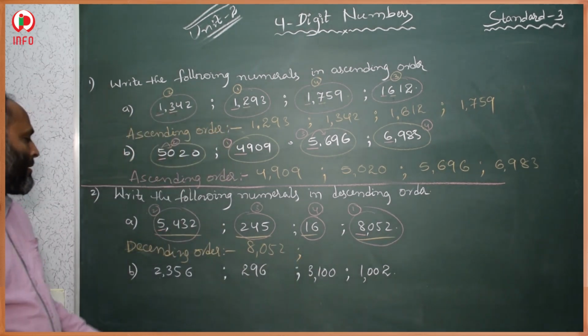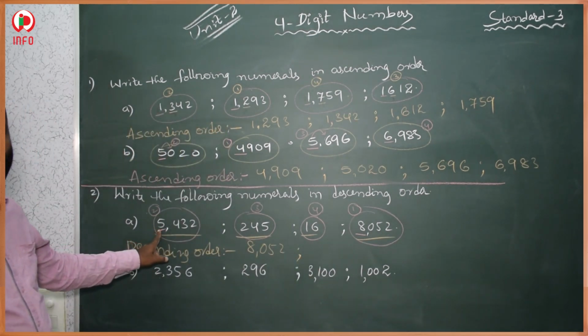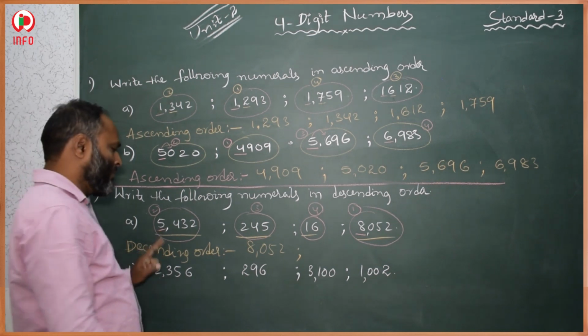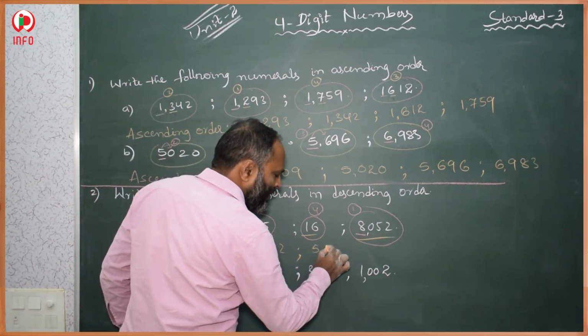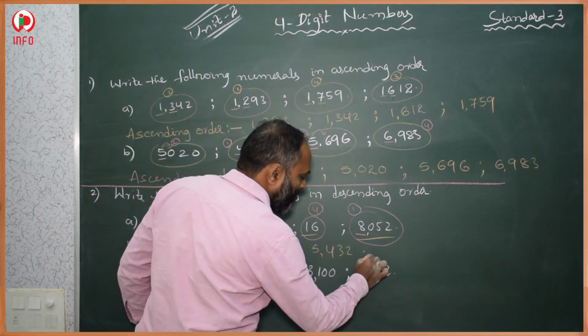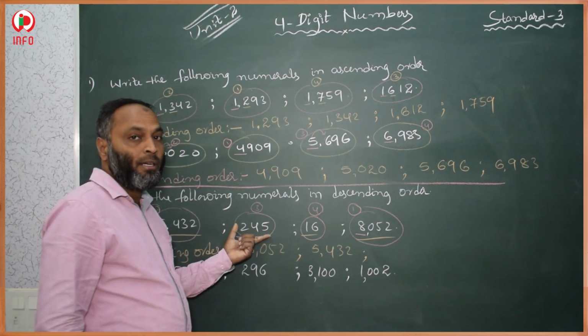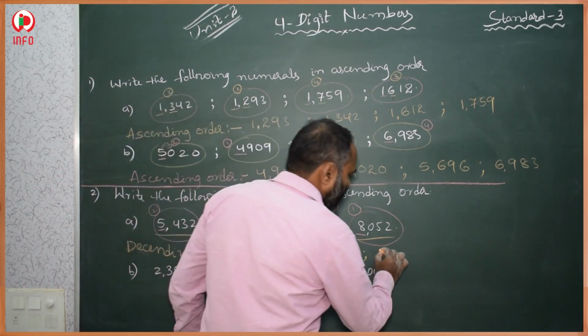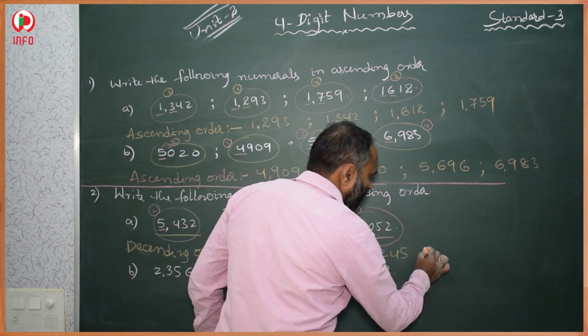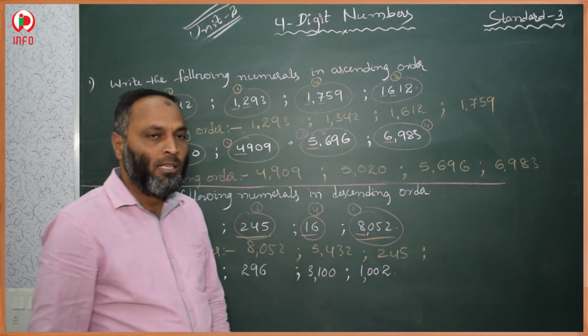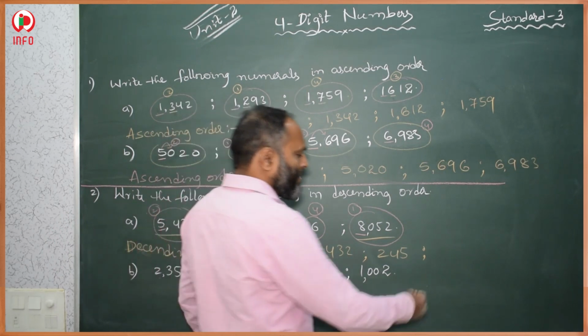Then after that 5432. Then after this the 3-digit number, that is 245. Then after this the double digit, that is 16.